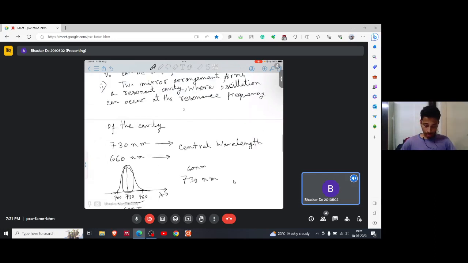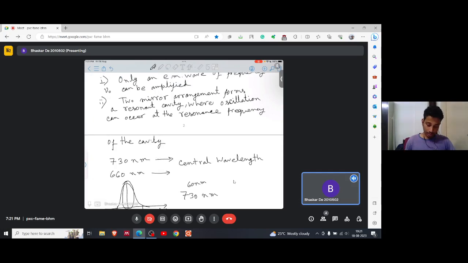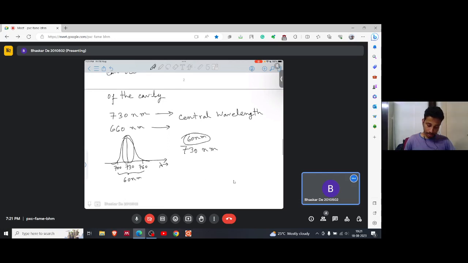But depending on the size of the resonant cavity, this 60 nanometer can be narrowed down to some nanometers. Some nanometer means 1 to 10 nanometer.